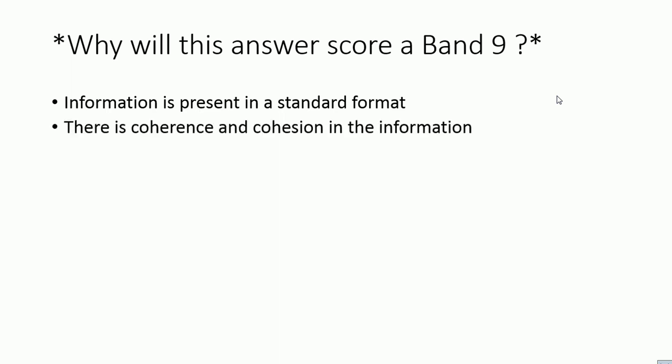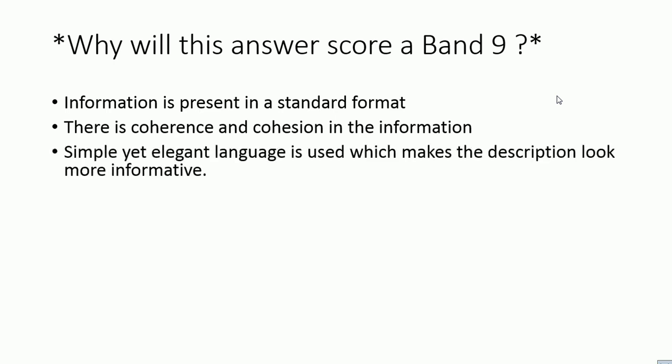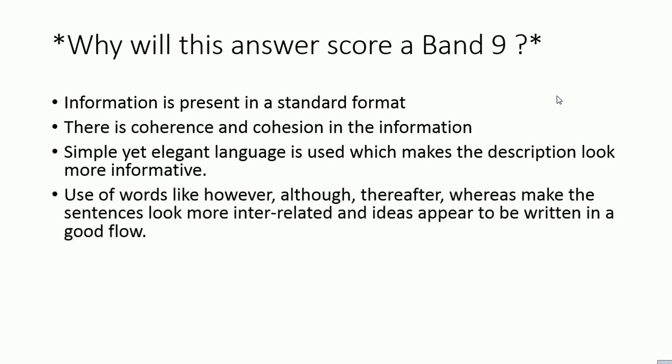There is cohesion and coherence in the information. We have written our specific detailed paragraphs by grouping 2 materials in the first, 2 in the second, and written the information in a flow. Simple yet elegant language is used, which makes the description look more informative.